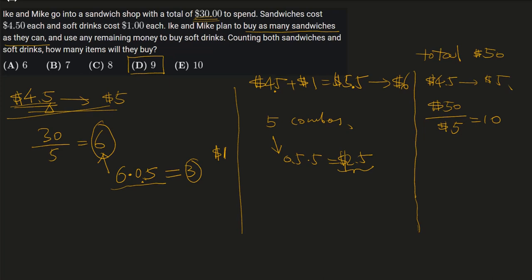However, for each sandwich, we paid extra 50 cents. Therefore, we shall have 10 times 50 cents left over. That equals $5.